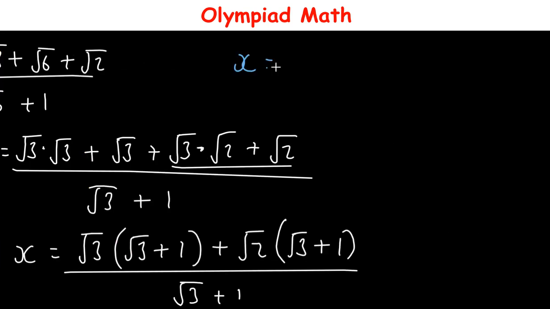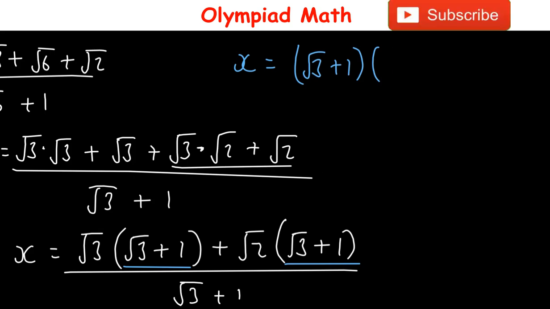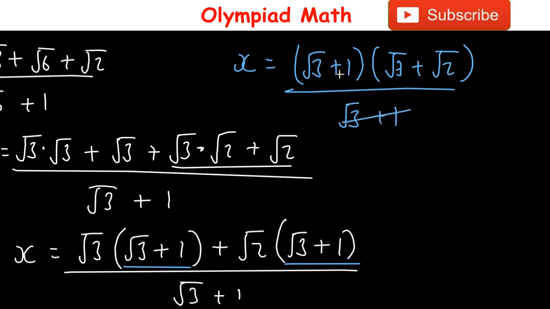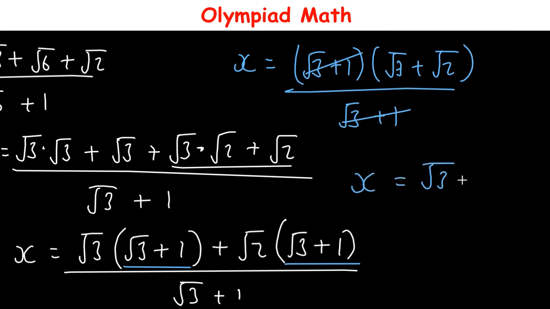So x is then equal to, we have a common factor, root 3 plus 1, pick 1, we have root 3 plus 1, then in brackets we have root 3 and plus root 2, so root 3 then plus root 2, and this is then divided by root 3 plus 1. This divide this, the value of x is equal to root 3 then plus root 2.